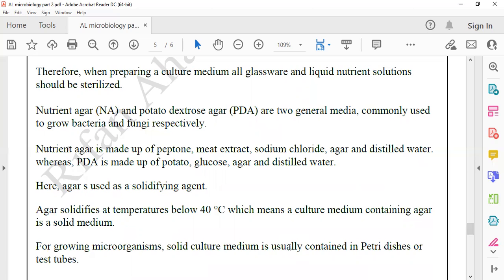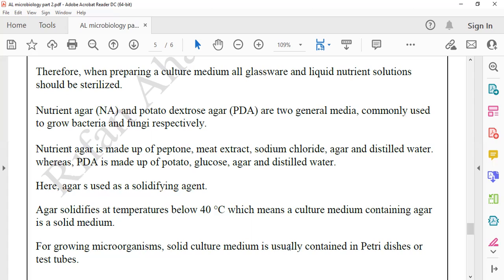NA and PDA, they are standards. You can go to a laboratory shop and ask them to give you 10 grams of PDA. Then they will ask you to pay 12,000 rupees or 25,000 rupees for 10 grams of PDA. That much an expensive material. But you can prepare it. That is something simple. But people go for ready-made things. So ready-made things are very, very expensive.